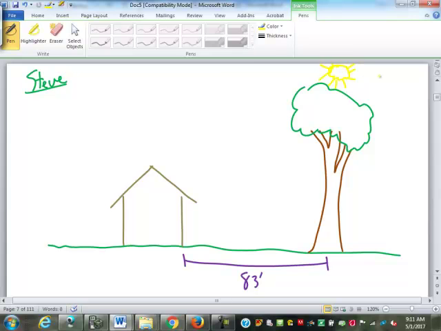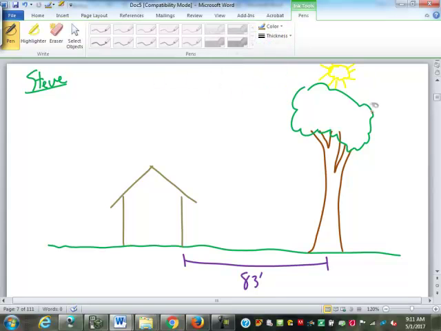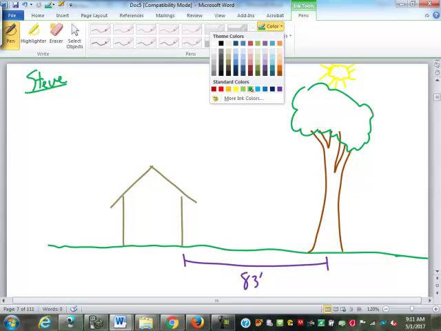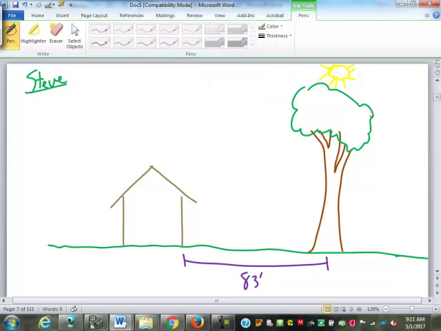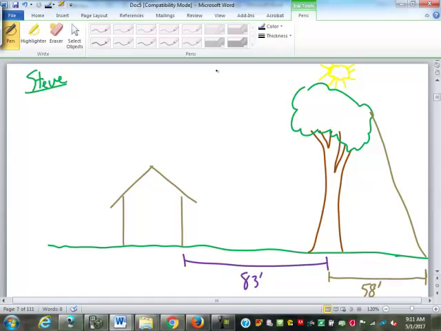So Steve is going to use our old friend the sun. That tree casts a shadow. Let's say the length of the shadow of that tree is 58 feet. Steve measures his own shadow.